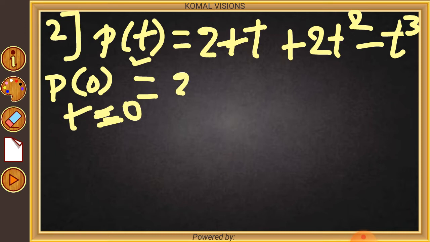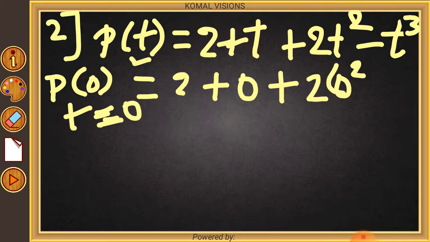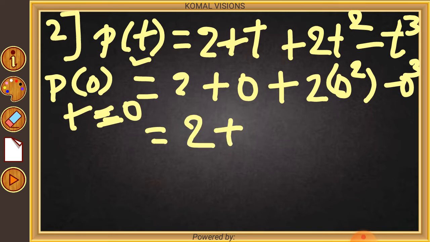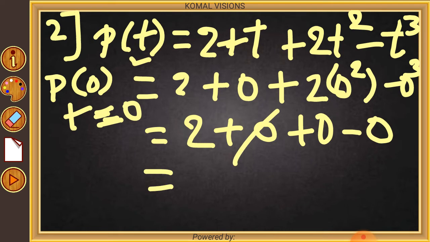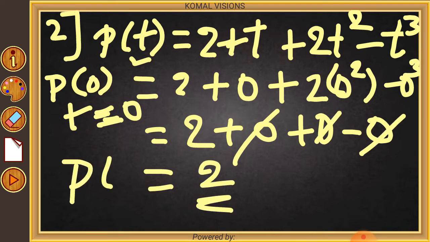Now 2 plus 0 plus 2 into 0 whole square, keep it in a bracket, and 0 cube, which is equals to 2 plus 0 plus 2 into 0 is 0 again, minus 0. So these zeros will not be counted. 2 is the value of the polynomial p of t at p of 0.